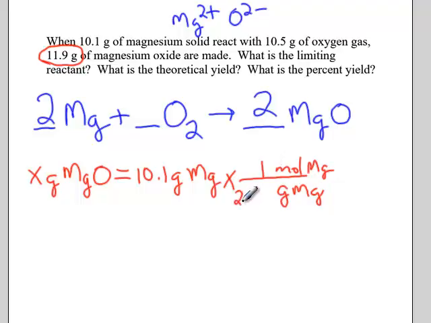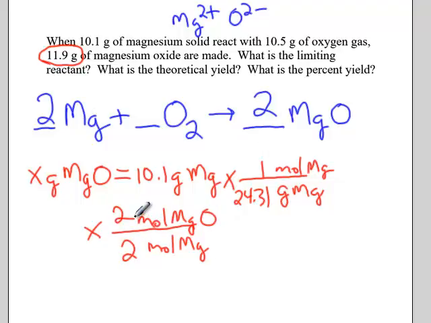The periodic table, molar mass of magnesium, 24.31 grams per mole. And then the mole-to-mole ratio, moles of magnesium can be turned into moles of magnesium oxide, and this is a 2-to-2 ratio. Notice I could simplify that. 2 to 2 is the same as 1 to 1, but there's no point in simplifying that. If you always remember, use the coefficients, don't ever change them, you're less likely to make a mistake.